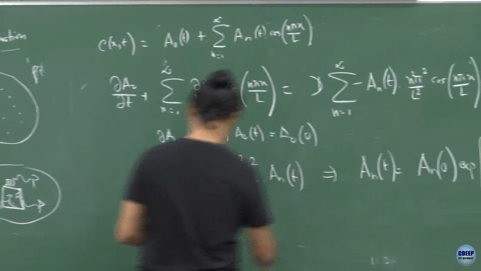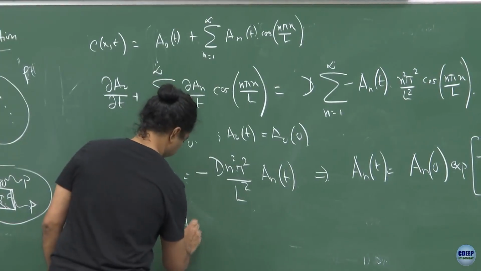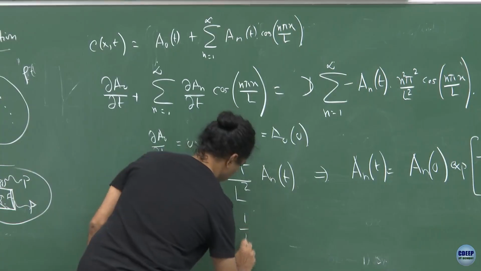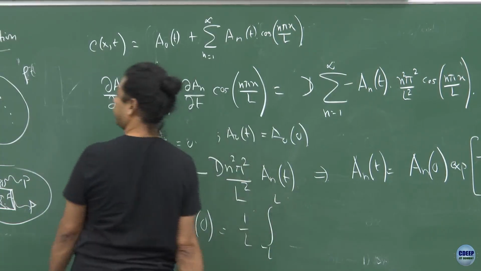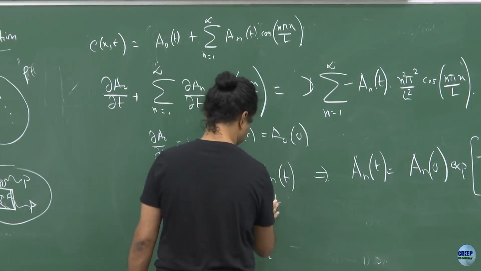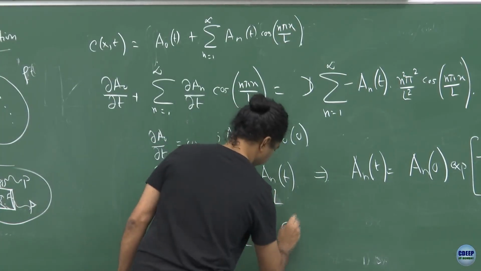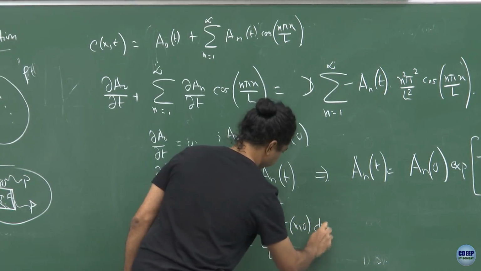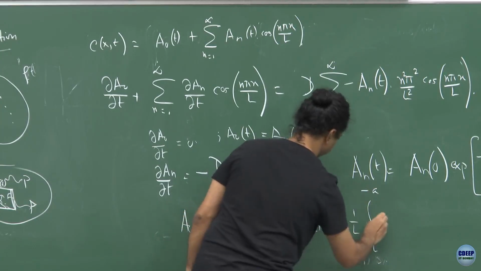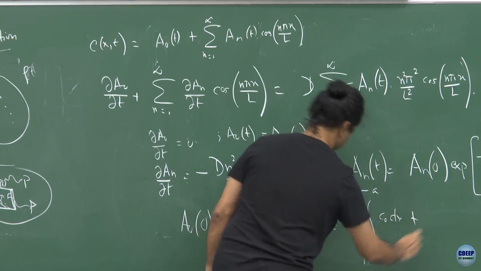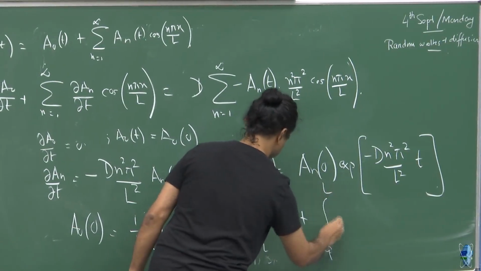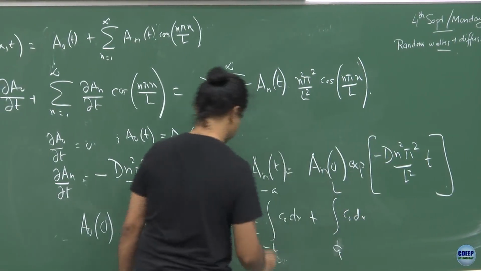So, a naught of 0 is 1 over L, integral from minus L to L of C of x comma 0 dx, which is 1 over L times the integral from minus L to minus a of C naught dx plus the integral from a to L of C naught dx, right.